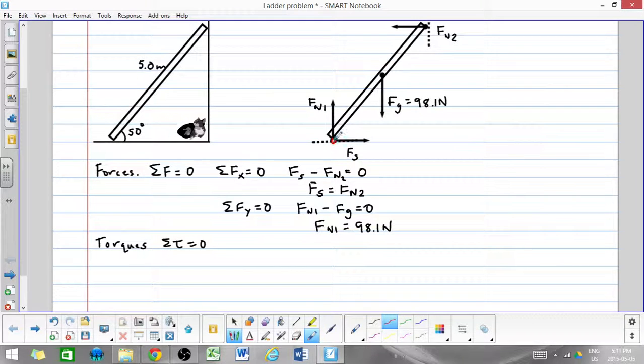So we're going to pivot around the red dot, first our counterclockwise torque. Okay, so we're going to use rF sine theta. And I think you can see the Z pattern there. So that theta is going to be 50 degrees.